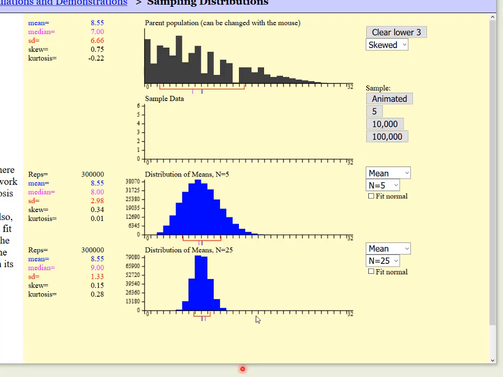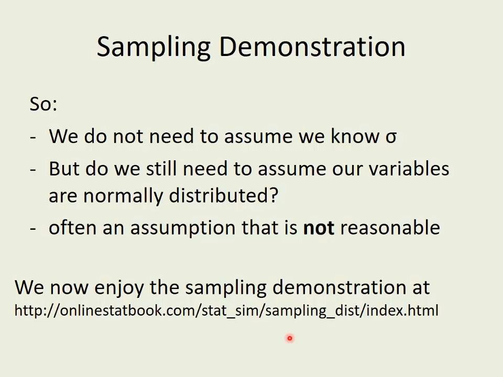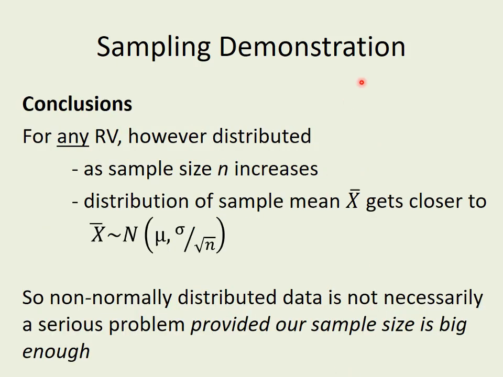If you're churning through a stats book, you can see a proof that for any random variable, however it's distributed, as the sample size n increases, the distribution of the sample mean gets closer and closer to the normal distribution. The mean is exactly the same as the parent population mean, and the standard deviation gets reduced by dividing by the square root of the sample size. So as that gets bigger, this gets smaller, and you zero in on the population mean.